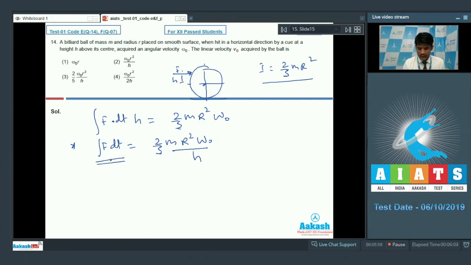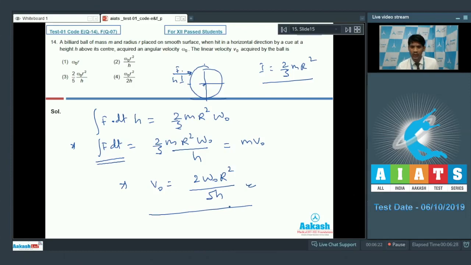This must translate into the total linear momentum, so it must be m into v naught, and from here m will cancel out. I have 2 omega naught r^2 divided by 5h as the velocity the billiard ball will acquire once the cue hits it.